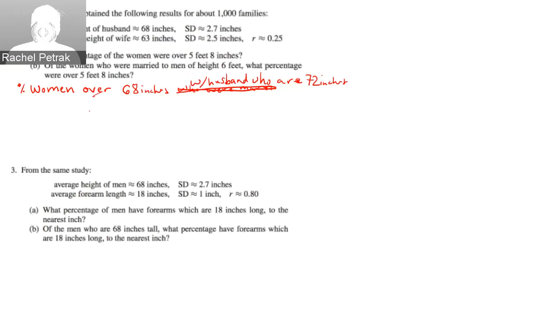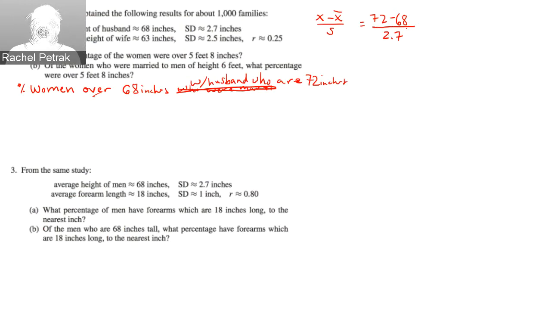So we need to basically convert the average height of husbands to a z-score. So we've got a score, 72 height, minus a mean of 68, over our standard deviation of 2.7.